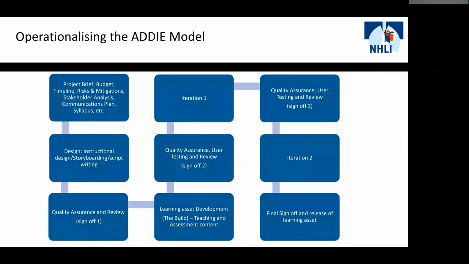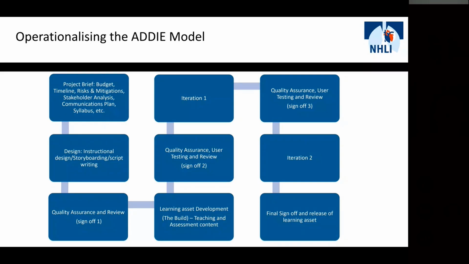So what will often happen is a member of the team will get through to maybe the second quality assurance step, and they'll just be unhappy with the learning asset, and then they'll want to start making some major modifications. Now that's really going to slow down the process. And if you do ever find yourselves in that scenario, it's best to go back to the design stage.